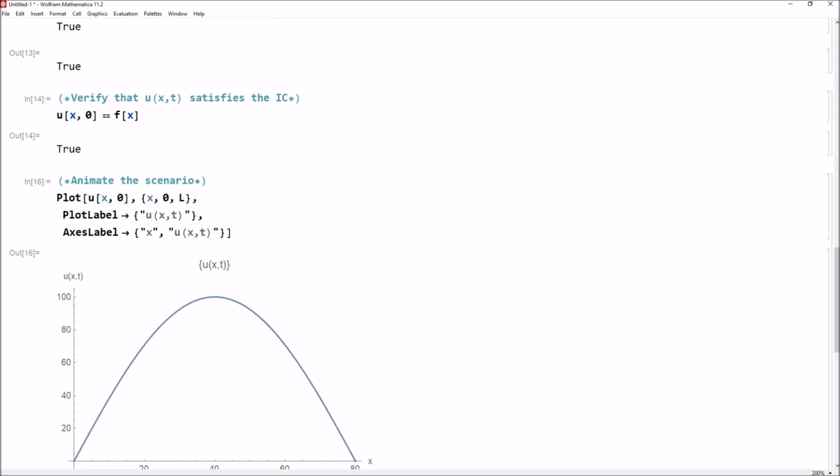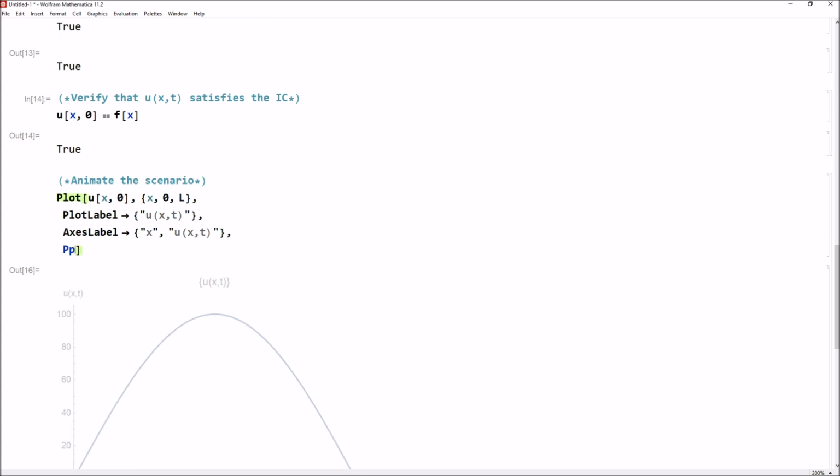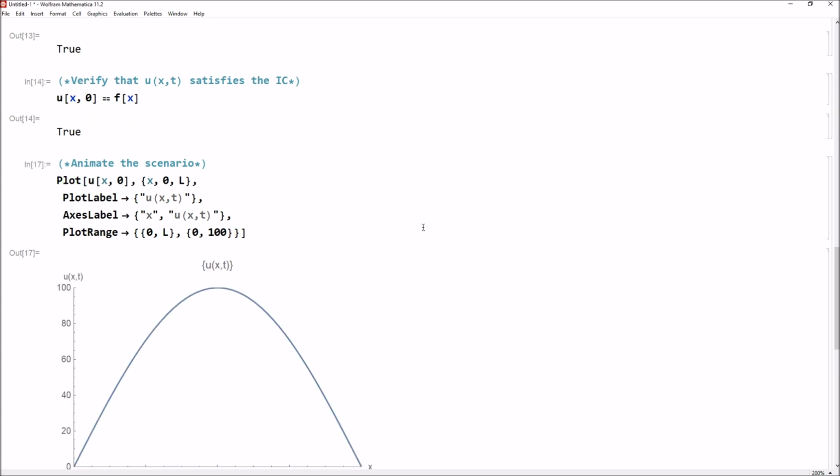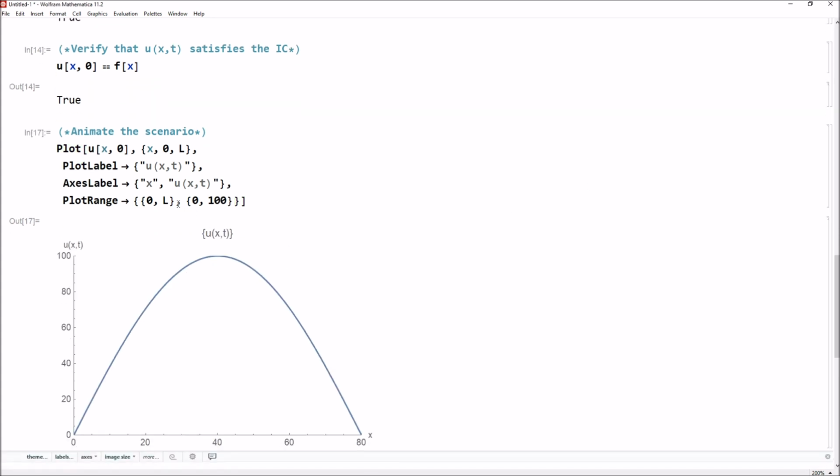And the last thing we may want to do is specify the plot range. We're going to plot over a very specific range of values. So let's make the x values go from 0 to L, and we'll make the y values go from maybe 0 to 100. We're doing this now because it's going to make our life a little easier when we manipulate this.